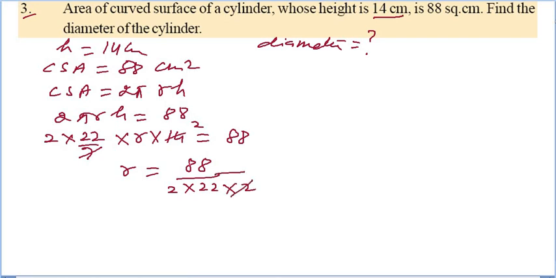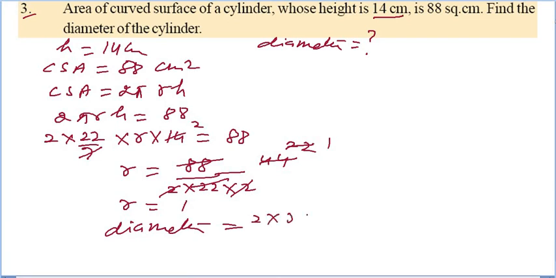Now 2 cancel, it is 44. Once again 2 cancel, it is 22, and once again 22, and it becomes radius is equal to 1. So diameter is equal to 2 into R, and it is 2 into 1, that is 2 centimeter, and that one is your answer.